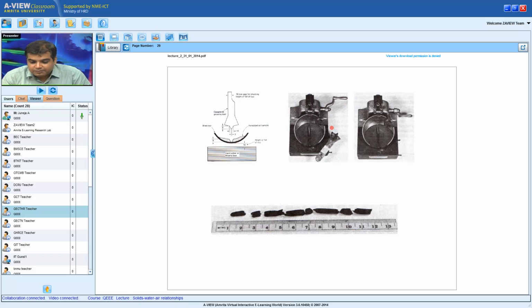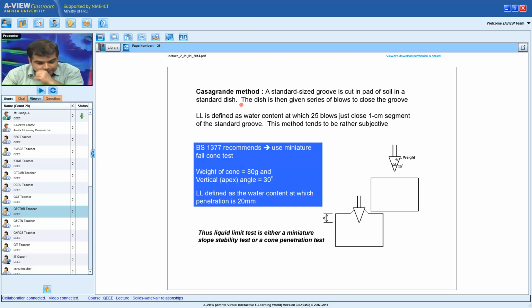What we do is we give blows, meaning make this go up and down, and count the number of blows required to fill this gap. If I go back to the previous slide, we count the number of blows, and when the number of blows is 25, we say it's the liquid limit, or LL.